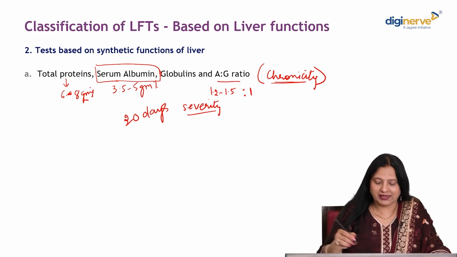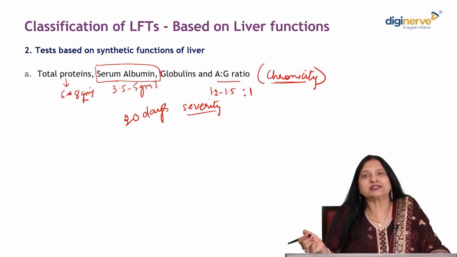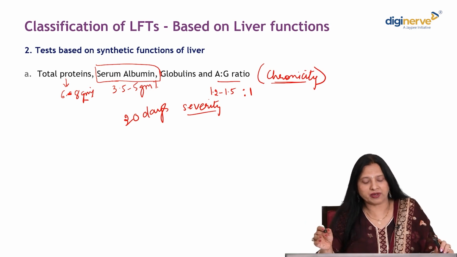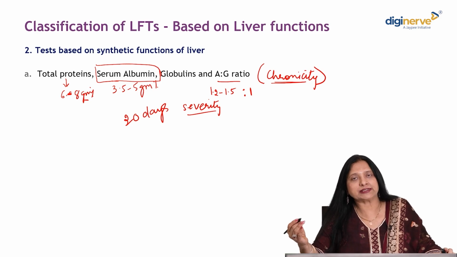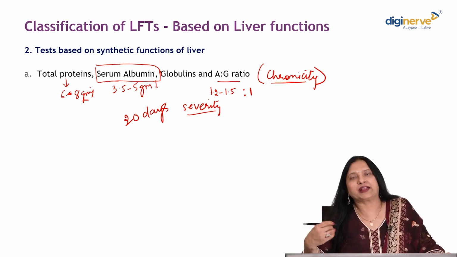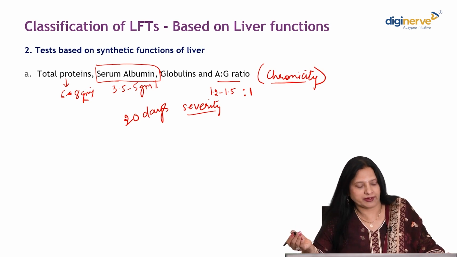That means it is also a marker for severity of the disease. So this you must remember: it is not going to fall in acute liver disease. It is a marker for chronicity, severity, and reflects the functioning of the liver.